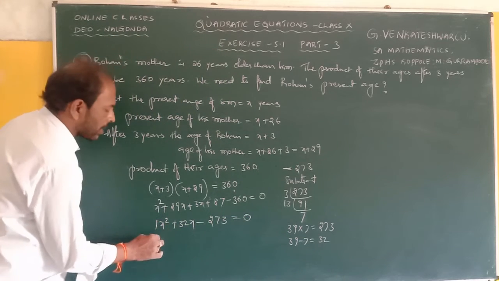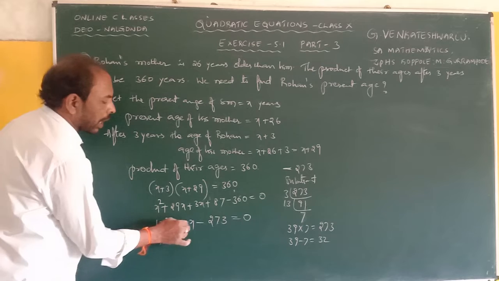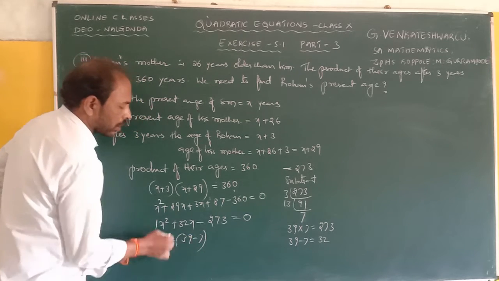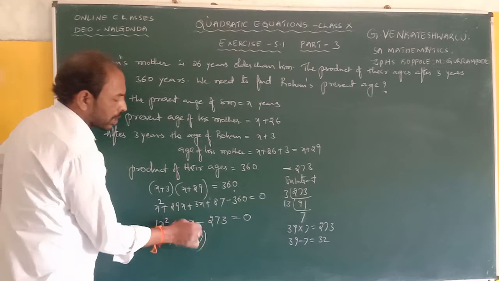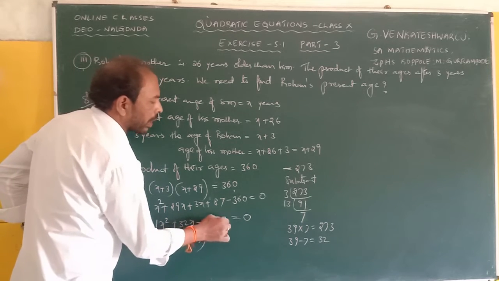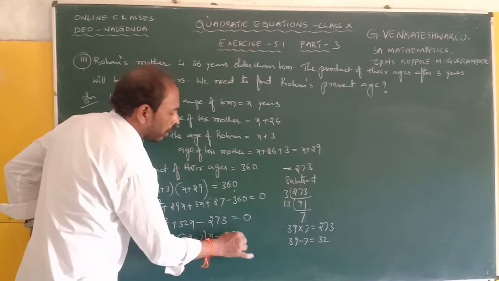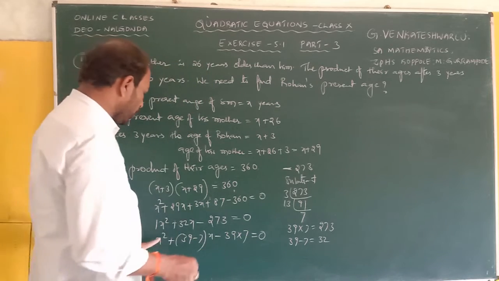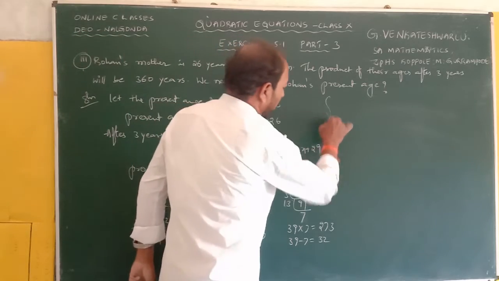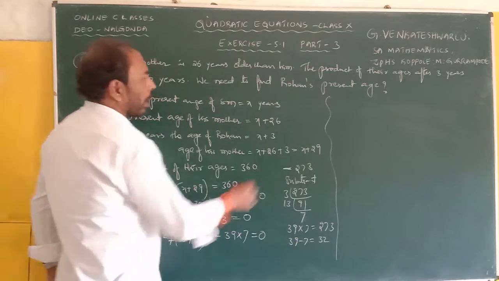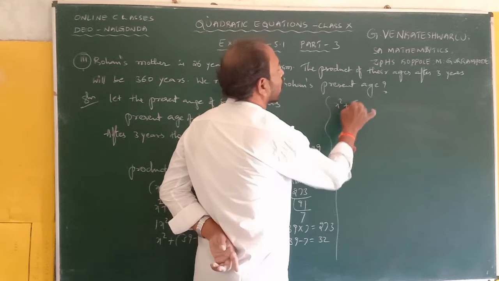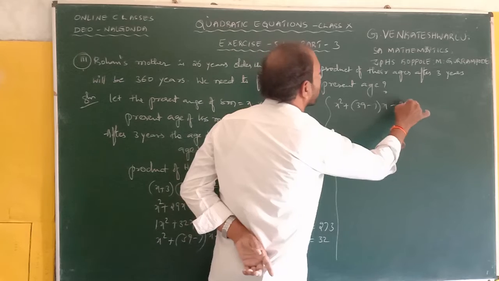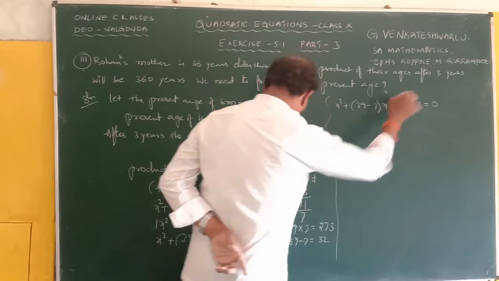Here x square plus 32 is written as 39 minus 7 into x minus 273, written as 39 into 7, is equal to 0. Look here, the same equation: x square plus 39 minus 7 into x minus 39 into 7 is equal to 0.